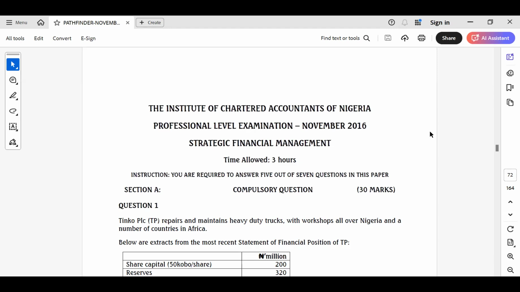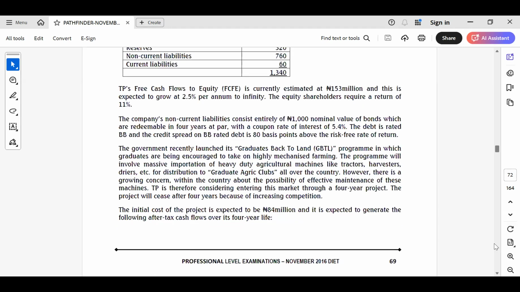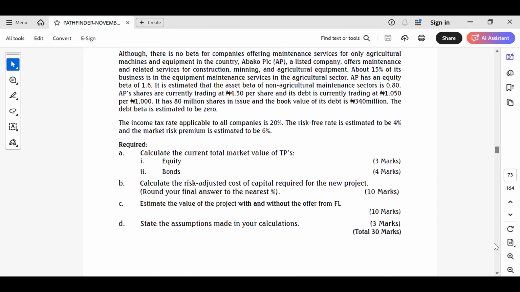Let us quickly go to the requirements. We are going to pay attention to just requirement A and requirement B. Requirement A: calculate the current total market value of TPs, split into equity value and bond value.